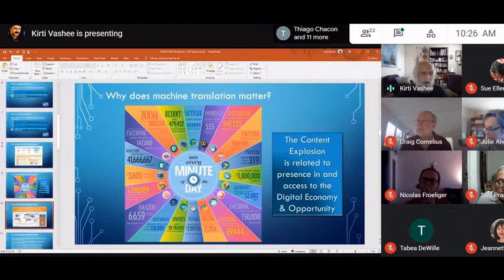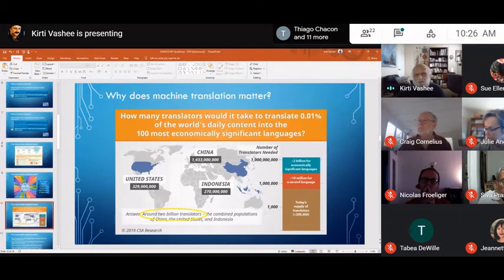And here's another reason why machine translation really matters. This was an estimate done by a market research company in the US that focuses on the translation business.